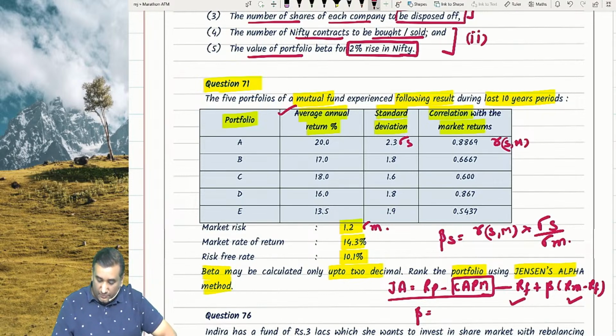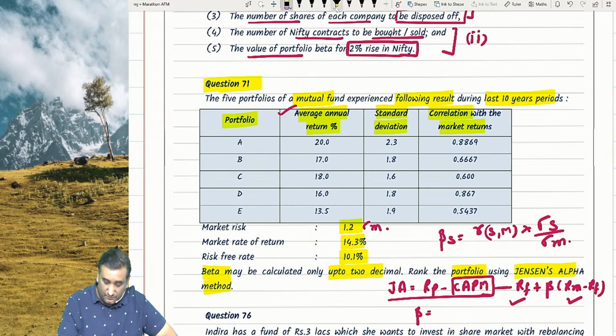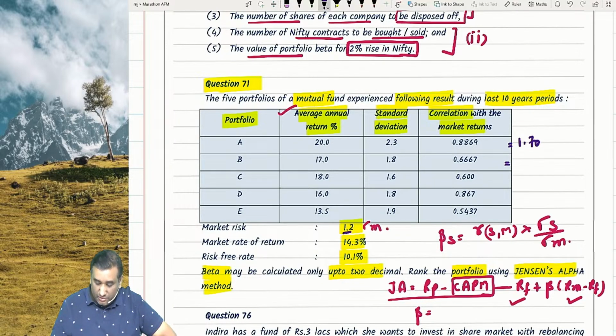Now quickly calculate all the betas here. 1.7, then this is the market and this particular stock. One, then point 1 point.